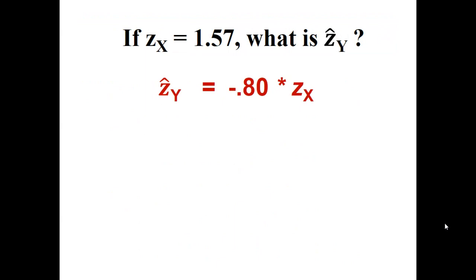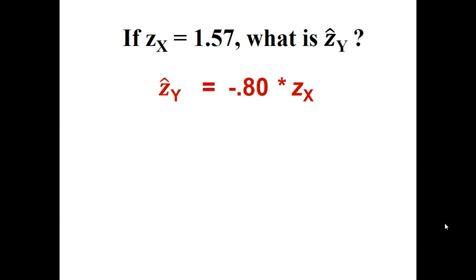What is the predicted value of the z of y? Okay, I'm about to show you the answer. If you're still working on it, you can stop the video for a second.